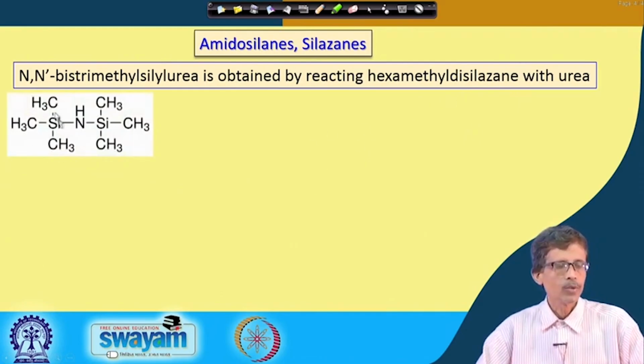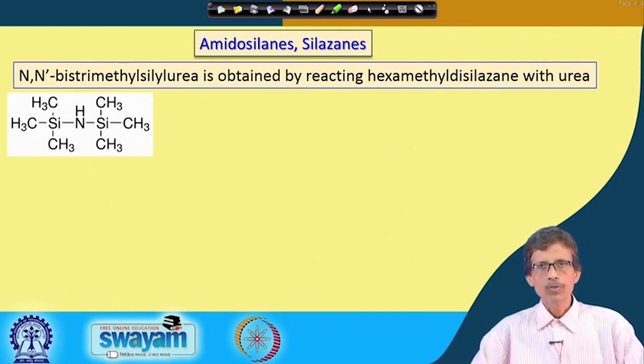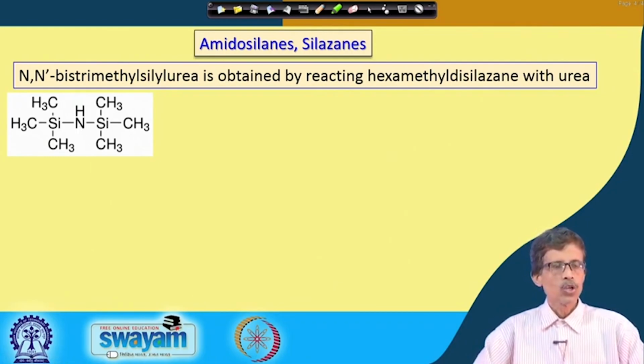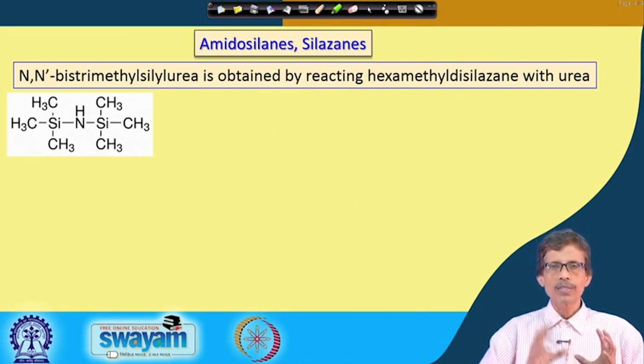So in disilazane, you can have the silicon ends on both sides, and in between you have the NH. So the aza function, aza means not only pure nitrogen but the NH function is there. So you have the NH function and the two ends, basically it is nothing but a type of dimethylamine. So dimethylamine is nothing but you have the NH function, at one end you have the methyl function and at the other end another methyl function.